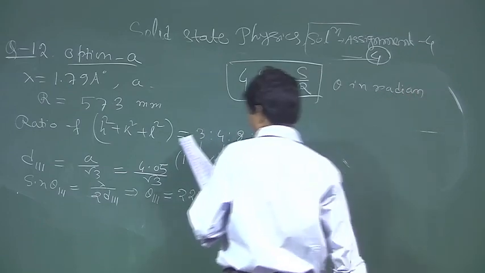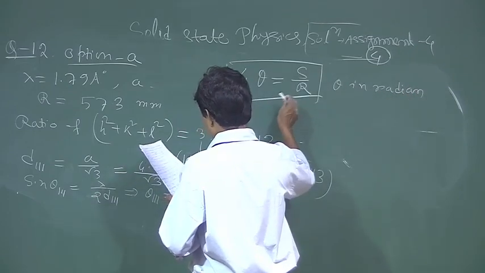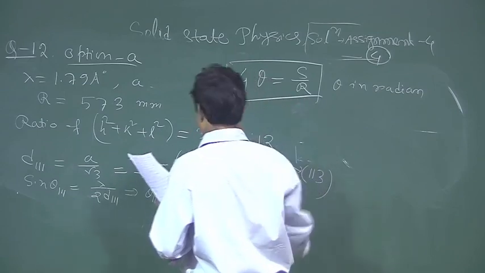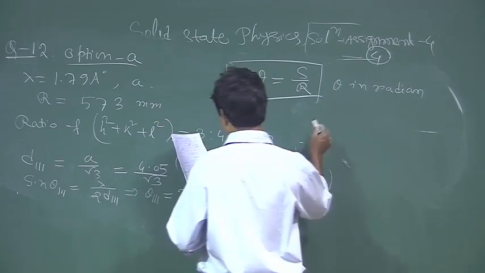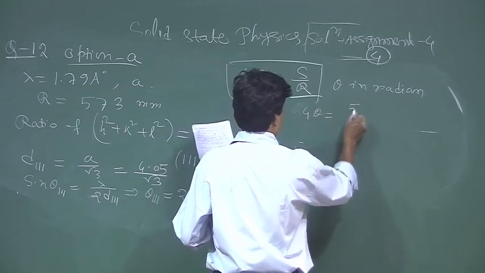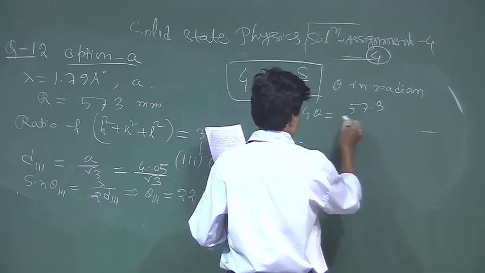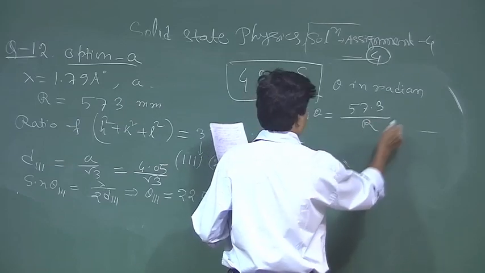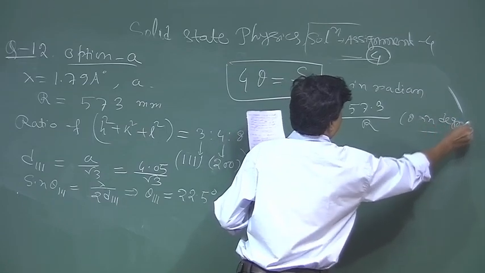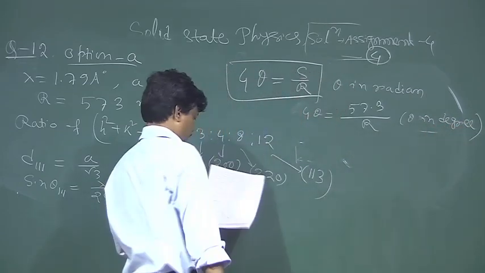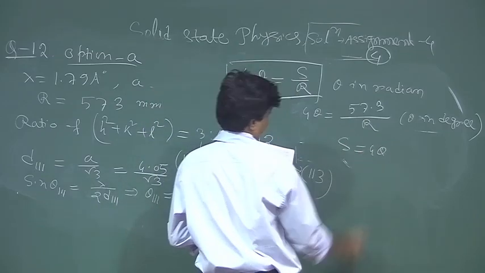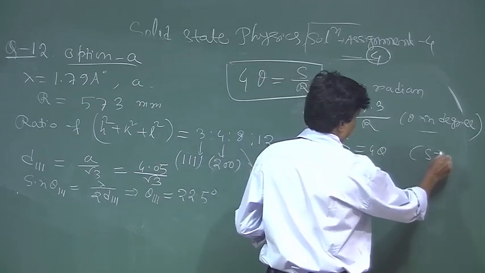Another relation is 4 theta is equal to 57.3 by R, where theta is in degree, and S is equal to 4 theta, where S is in mm.